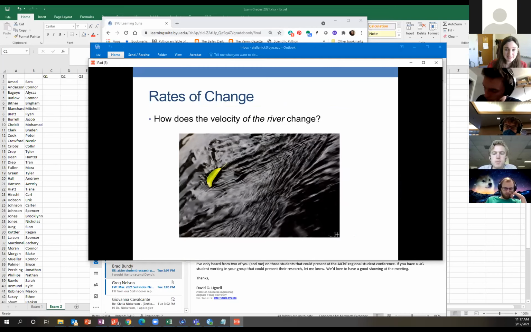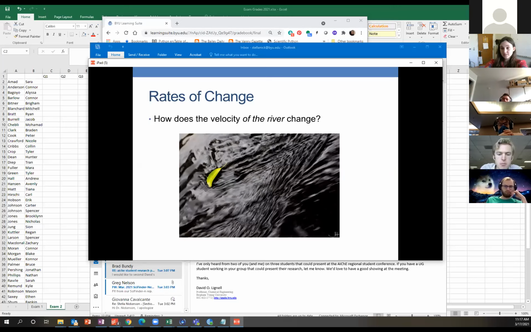How does the velocity of the river change? The whole river, or at least this piece of the river we're looking at. We define some square of the river, and we say that's our control volume. So how does the velocity of the river in this square we're looking at change?